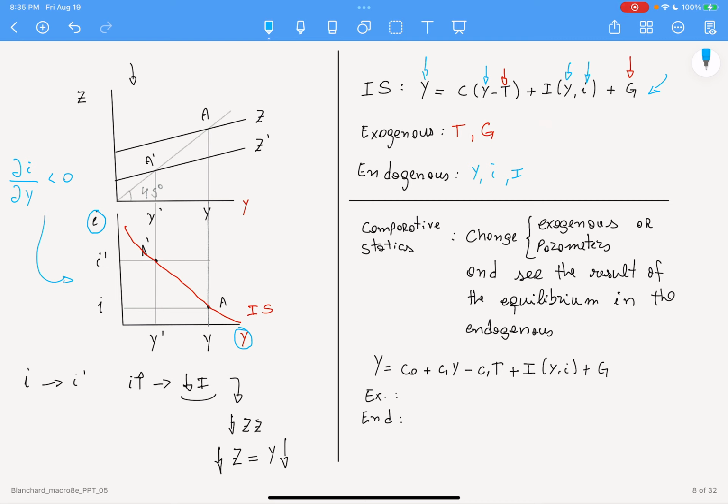However, here we have two different colors, right? The blue and the red one. It is straightforward to think the following. Even though T is given by the outside of the model, not by the model itself, when the output changes, the consumption function will change.